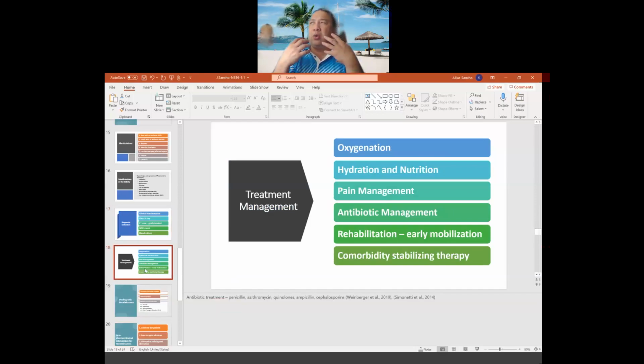So, what is the treatment now? Treatment management for pneumonia. First and foremost, the initial treatment that you have will be oxygenation. You need to oxygenate the resident to maintain the function of your vital organs.